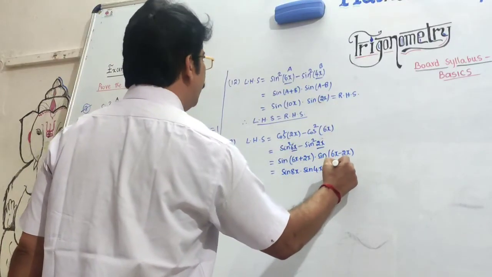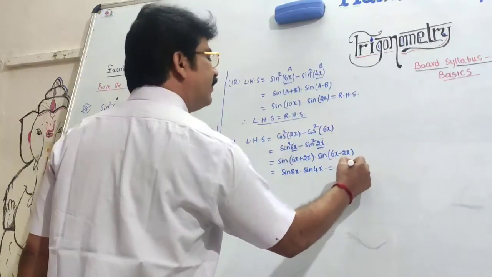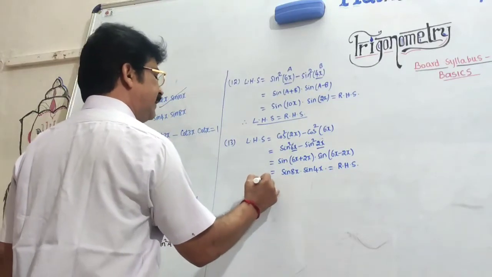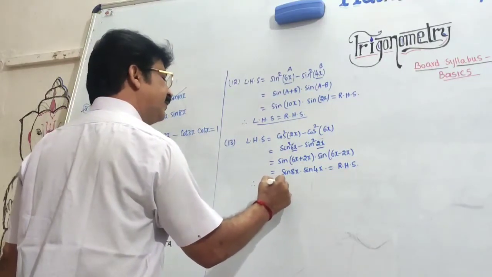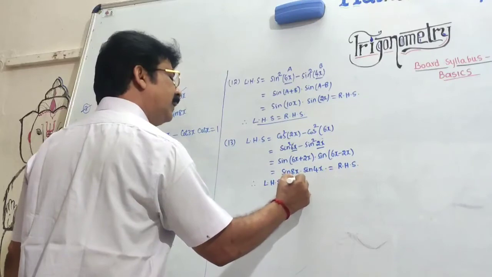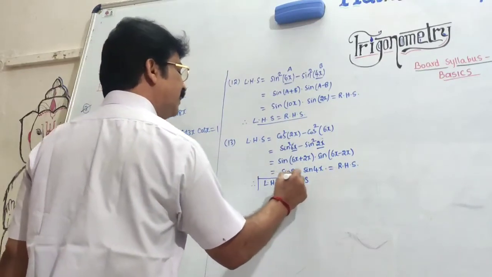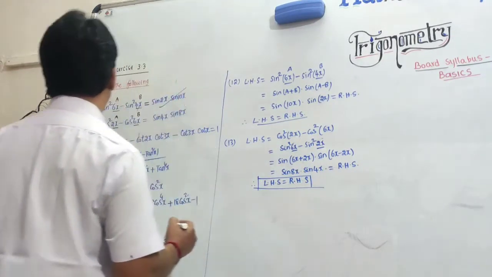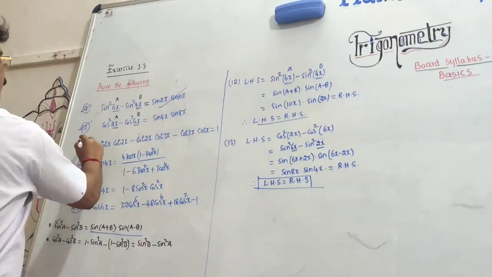That is equal to RHS. LHS is equal to RHS. Right. 13 over. Next, 22.